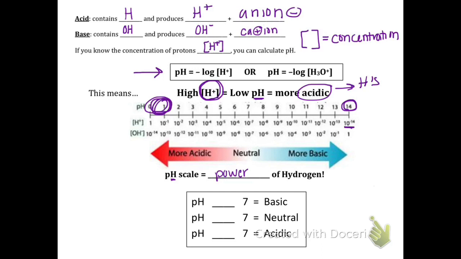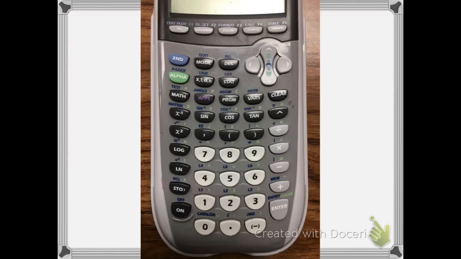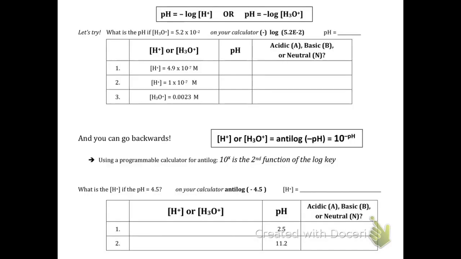So if a pH is greater than 7, then we say that it's basic. It's on the base side. If the pH is equal to 7, then it is neutral. If the pH is less than 7, then it is acidic. So let's try to calculate our pH. Here are the two equations.